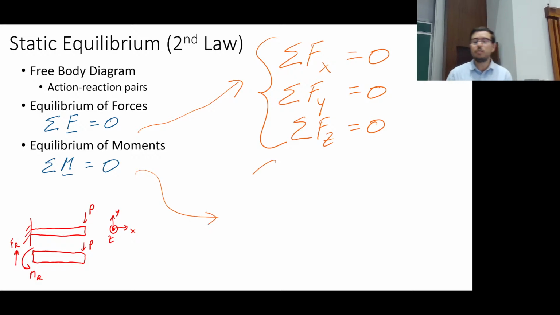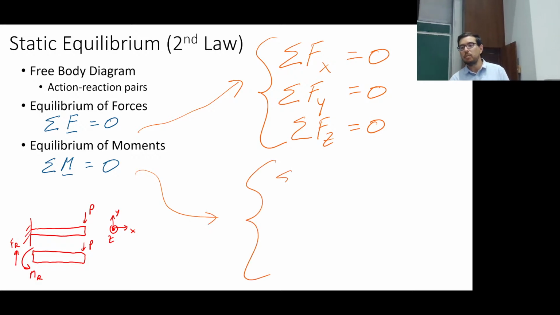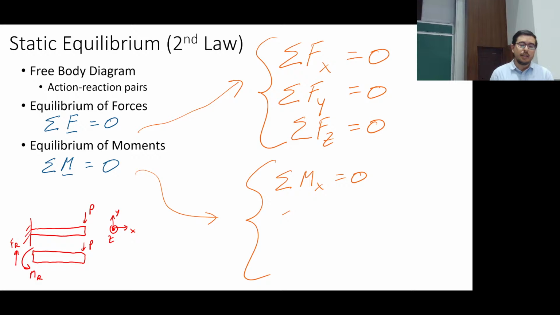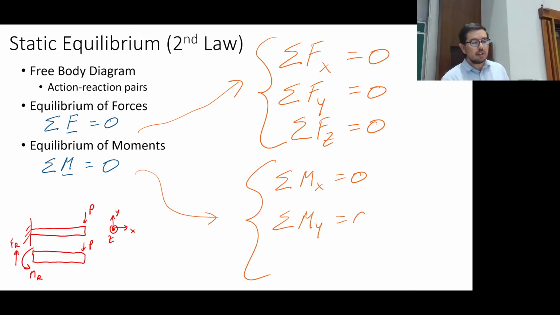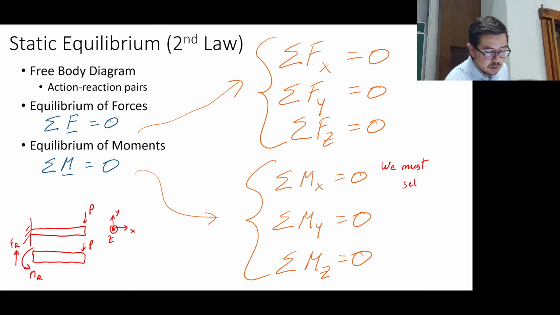Similarly, we do this for moments. So the sum of the moments is equal to 0 in the x direction, and we should probably specify that we must select a location for this to happen.